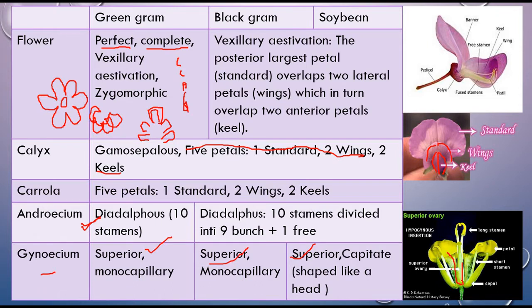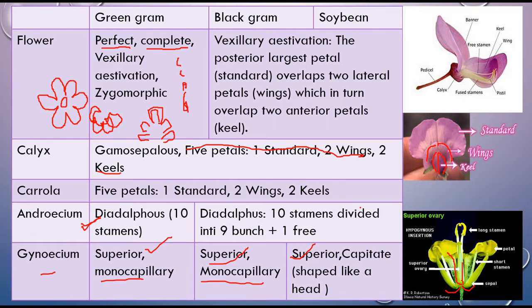What is meant by superior? The arrangement of ovary is to the top, and the other whorls are arising from the base of that ovary. Then this condition of ovary is called a superior ovary, or it is also called a hypogynous ovary. Okay, then in case of green gram and black gram, the condition of gynoecium is monocarpellary.